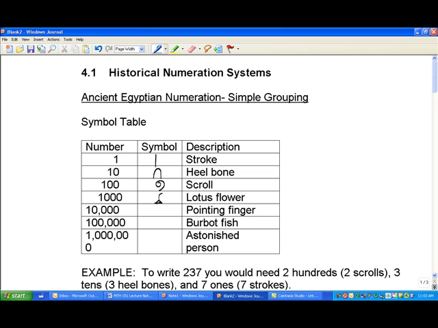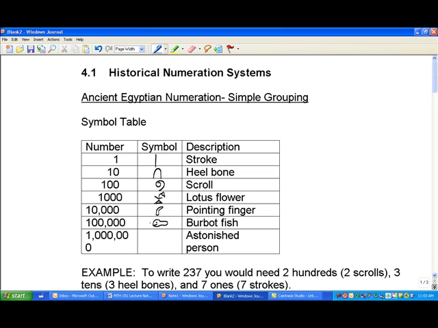And you'll need to add these little symbols to your notes as I'm drawing them. 10,000 was a pointing finger. 100,000 is the burbot fish. It always makes me think of goldfish crackers when I see these little smiling fish.